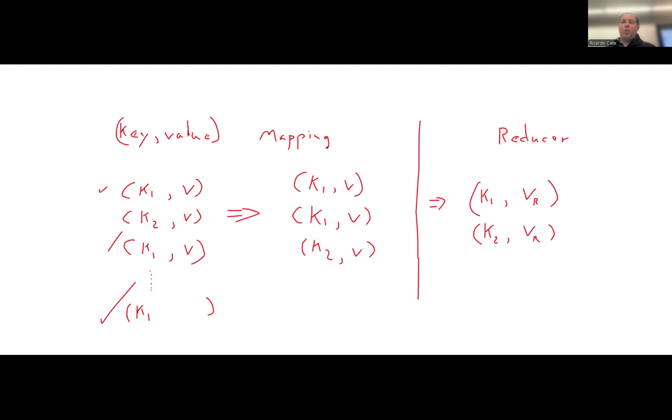Well, what's important here is the K1 and K2. So I took these two and I reduced them into one K1, and I'm adding them. So if this is 3 and this is 2, then this is now 5 or something. That's what reducing is.